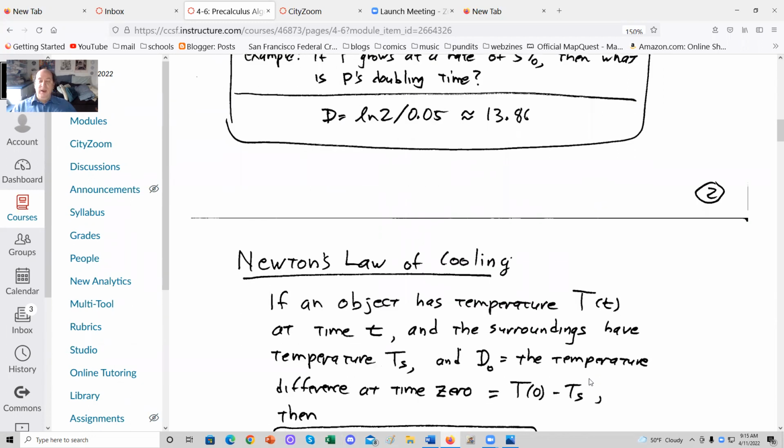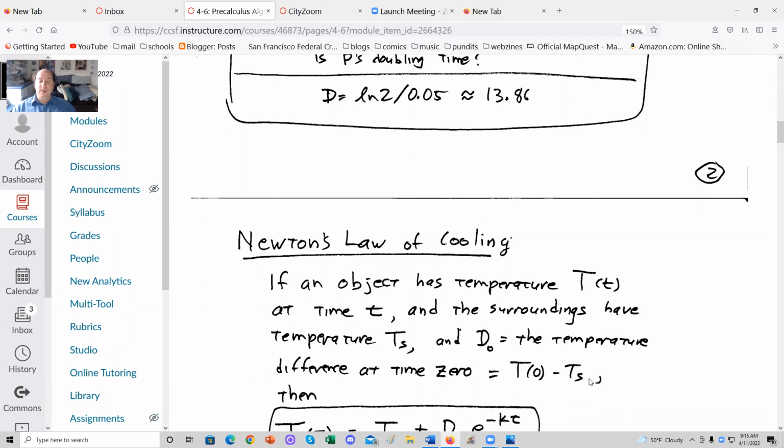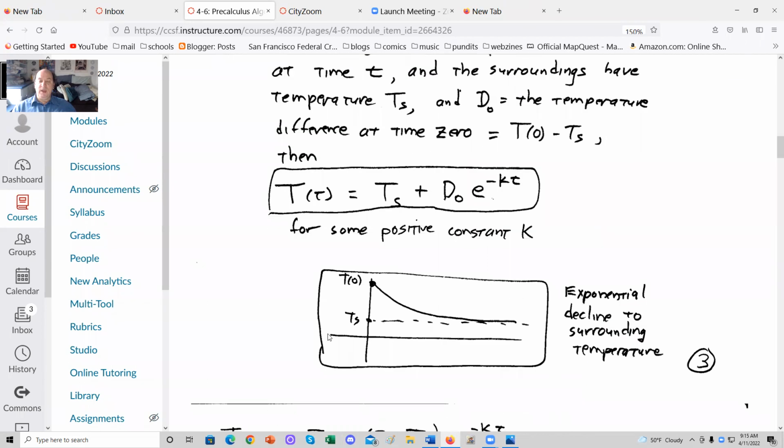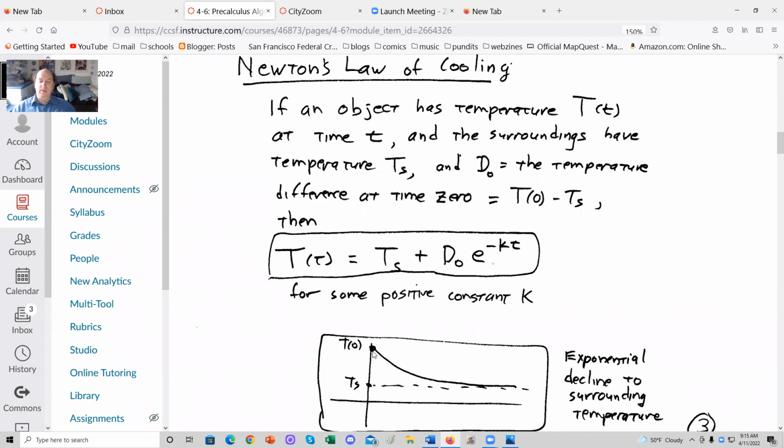We have a cooling problem, Newton's law of cooling. Something starts out at temperature T at time 0, and it's cooling to TS, the surroundings, so it cools off. It's an exponential decline to the surrounding temperature.